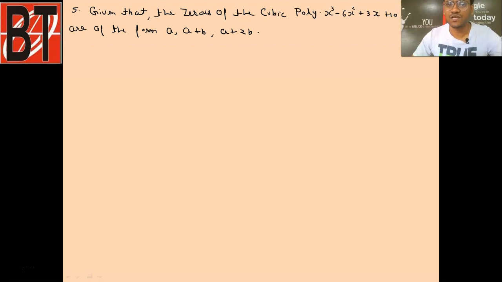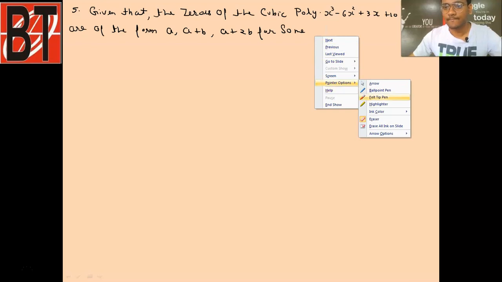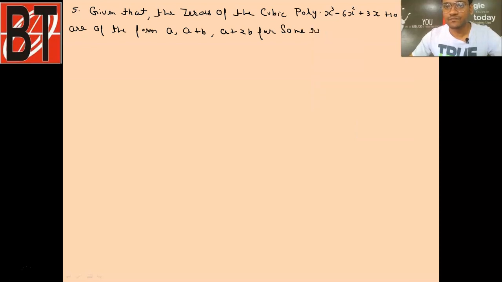Okay, let me just write for some real numbers a and b. Okay, then find the values of a and b as well as the zeros of the polynomial.